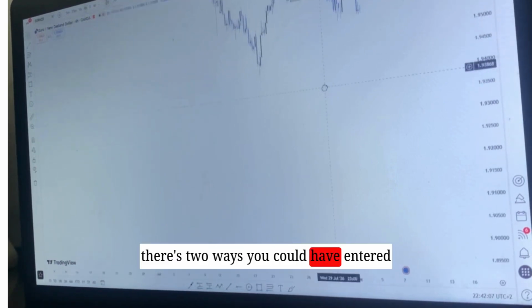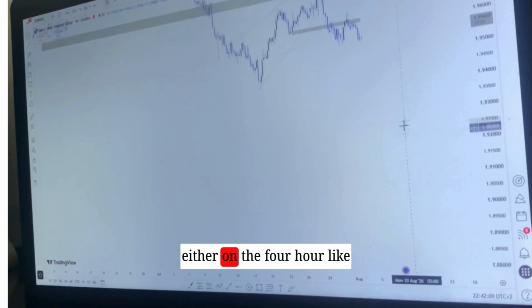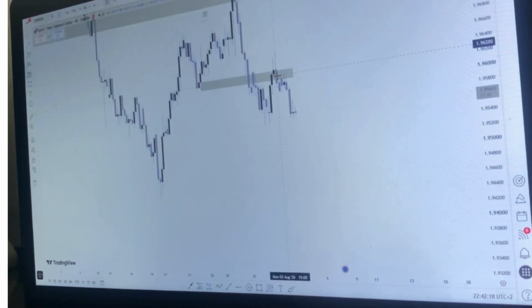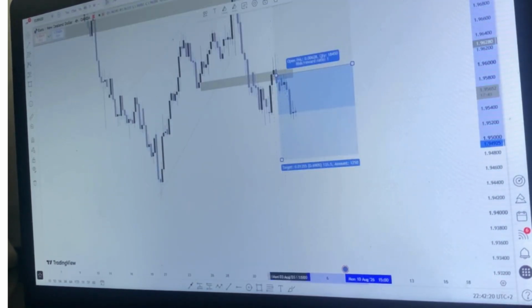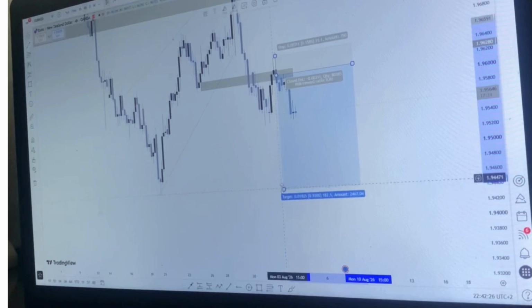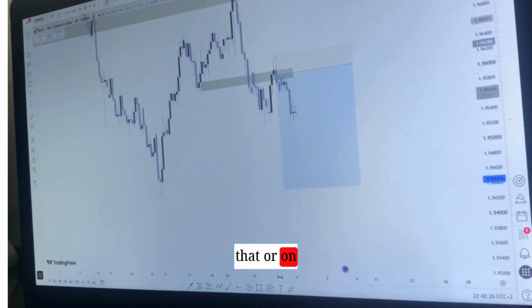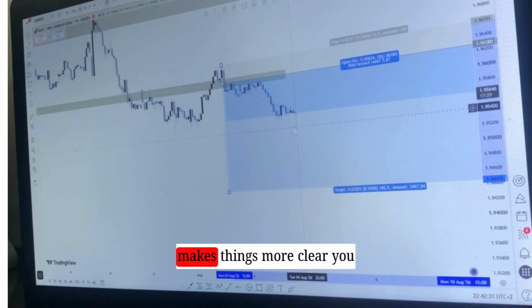So there's two ways you could have entered this trade. It's either on the 4 hour, like that, or on a 1 hour, which makes things more clear.